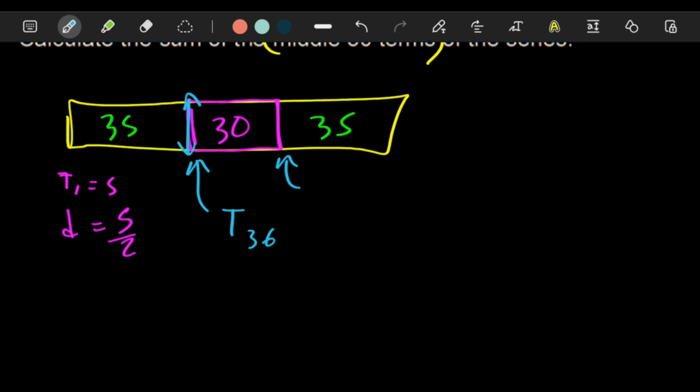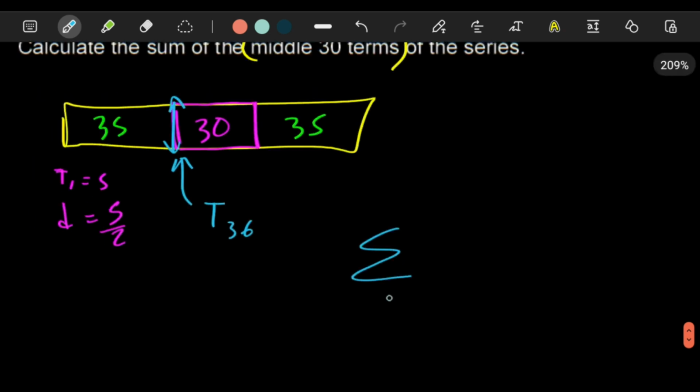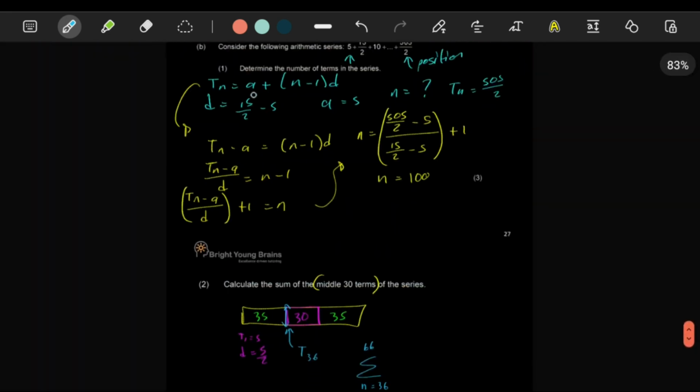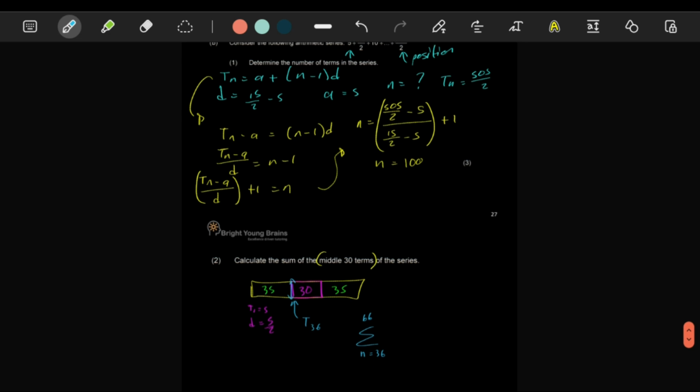Let me do a mini sigma thing. You're going to add up terms starting from where n is equal to 36, all the way until n is equal to 66. And then the general term is what you have over there, like a.